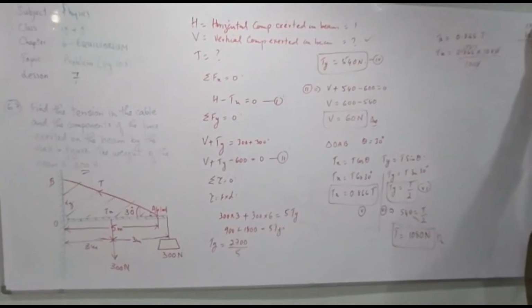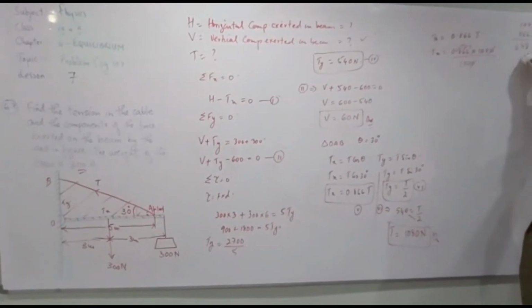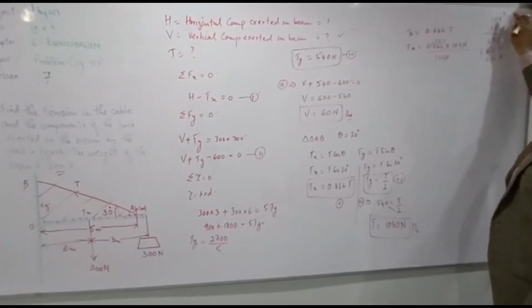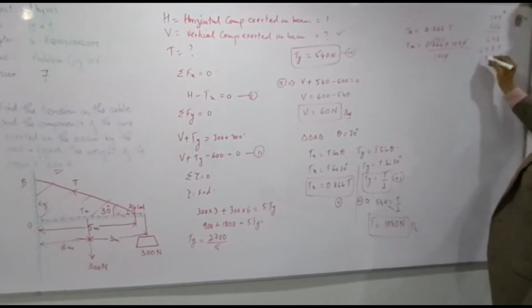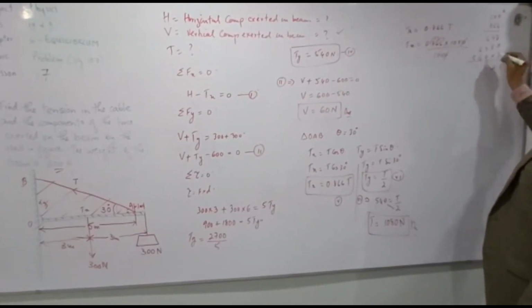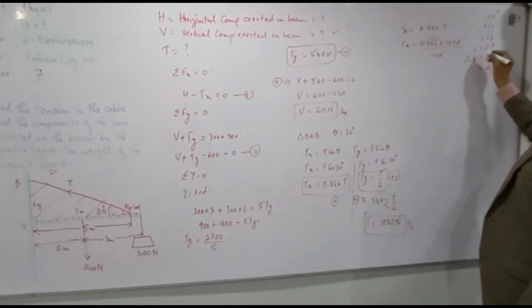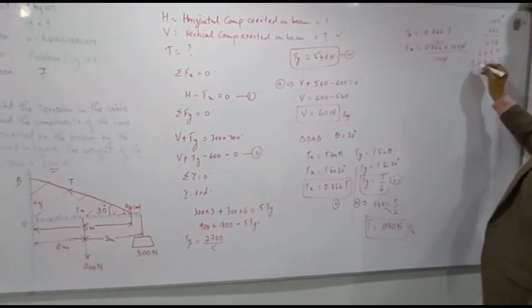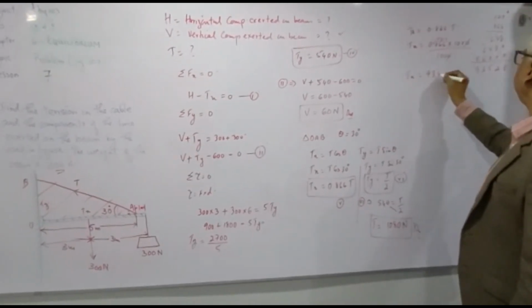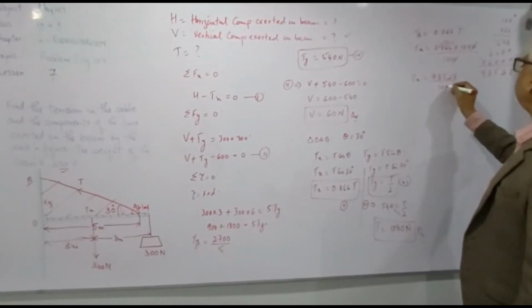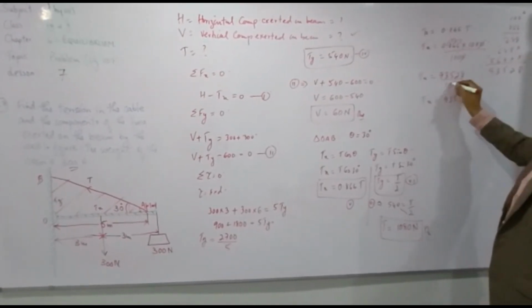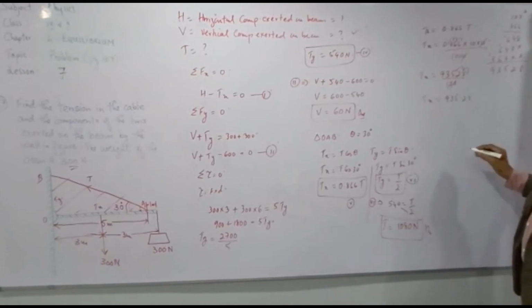Multiplying it out, we get 9352 upon 100, which means Tx equals 935.28 Newton, shifting the decimal two places.